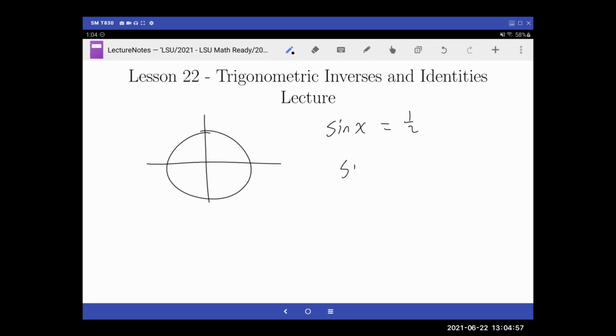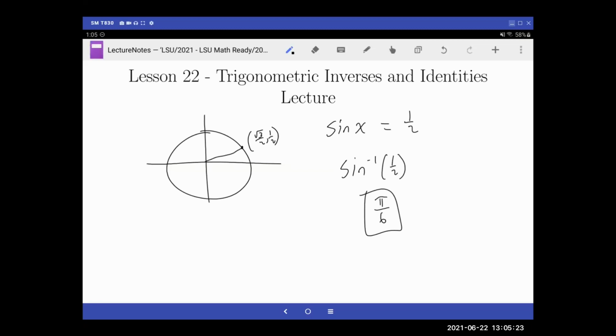Well, then you would use the inverse sine, so inverse function, little -1, of 1/2. And you would look at the circle and find where the y value is 1/2, which happens at pi/6, or what is it, 30 degrees. Okay, so however you want to look at it, that's basically what we're doing today.